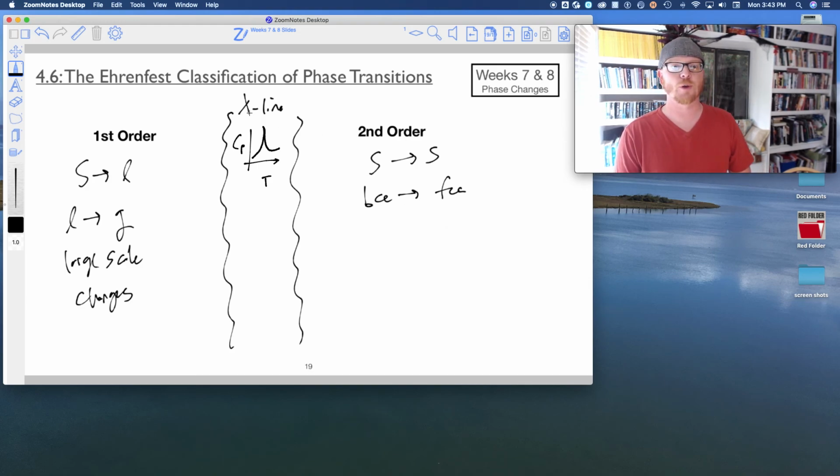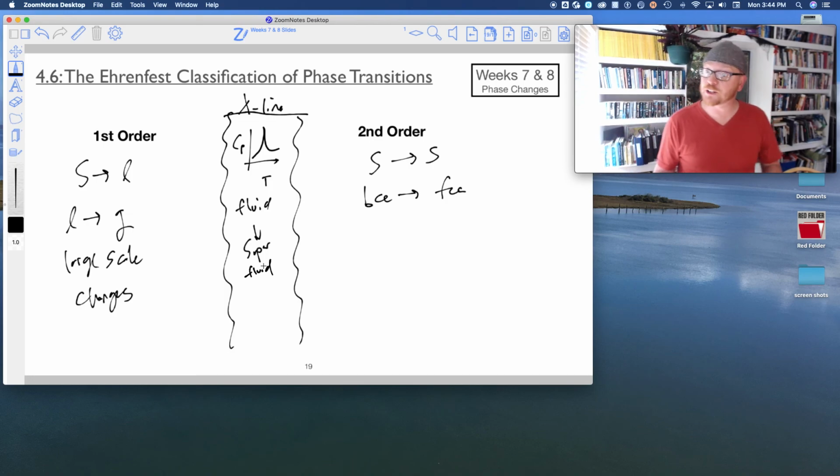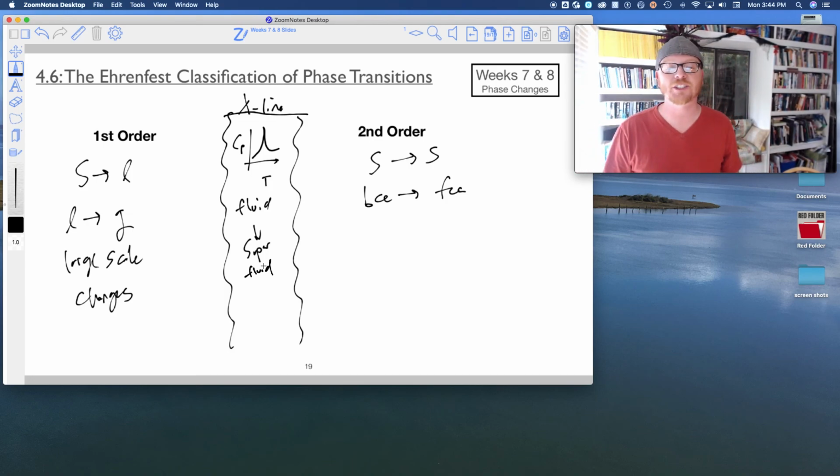So the lambda line is in reference to things that are in between. Definitely a fluid to a superfluid is one of these in-between types of phase transitions that would have a lambda line, such as helium.